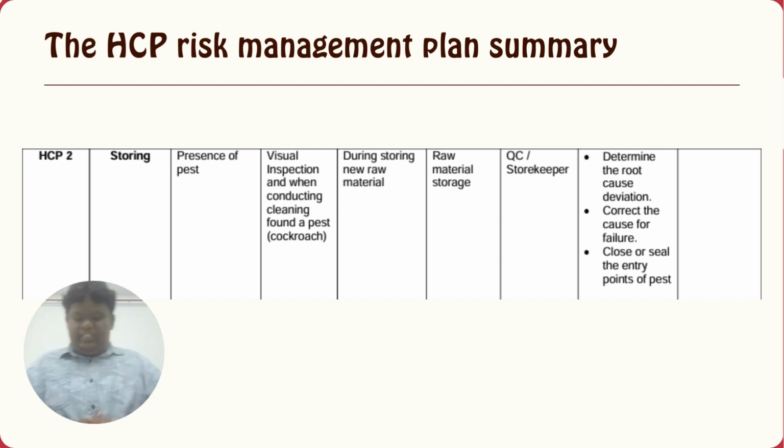The second is to correct the cause of failure. Maybe, for example, we did not close the access for pests to the storage. So we need to close the access, because things cannot come into our company if we control it.